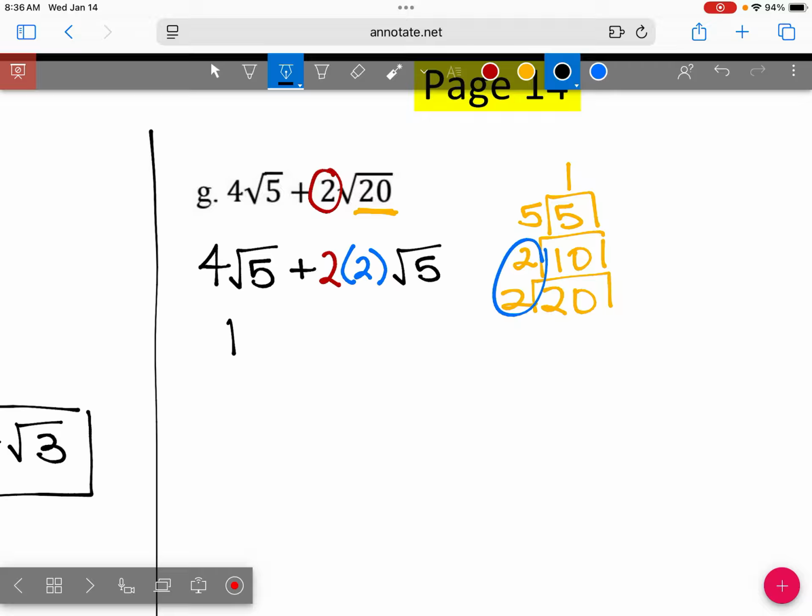So we have 4 square root of 5 plus, what is 2 times 2? 4 square root of 5. So when I add them together, because they are like terms, they both have a 5. I'm adding 4 plus 4, and your final answer would be 8 square root of 5.